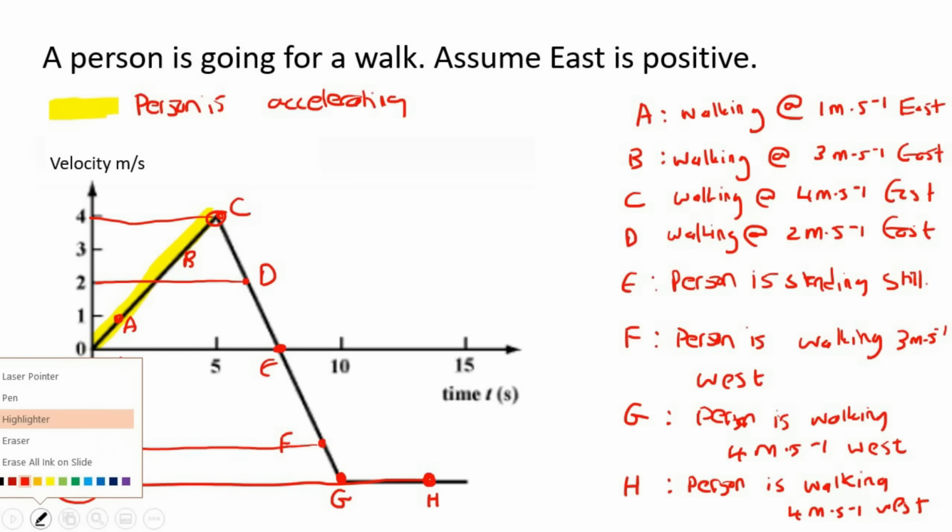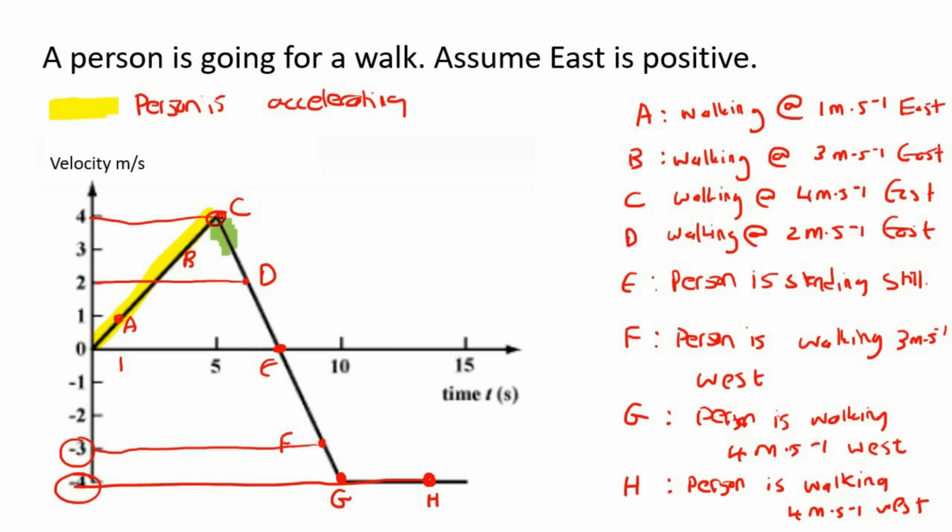Now, over this area over here, the person was slowing down. Remember, we said that the velocity was getting less. You understand what I mean, right? We spoke about that. For example, over here, the velocity is 3, but then over here, the velocity is 1. So the person is getting slower.